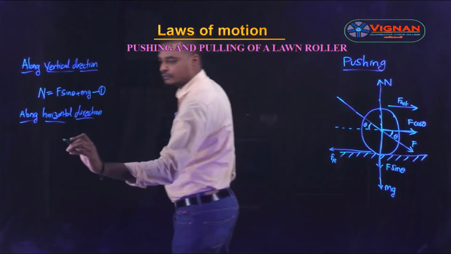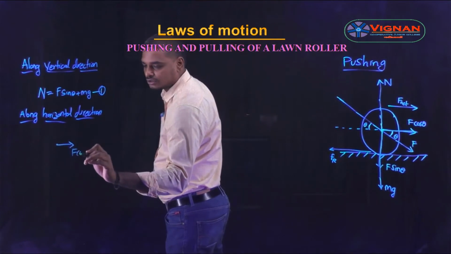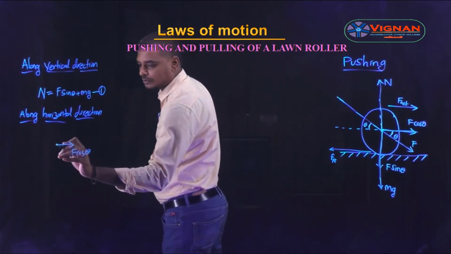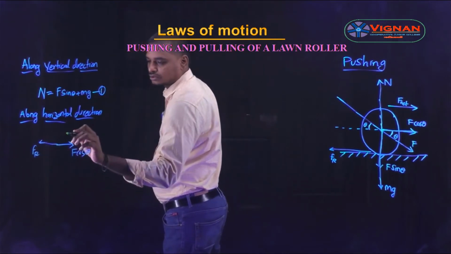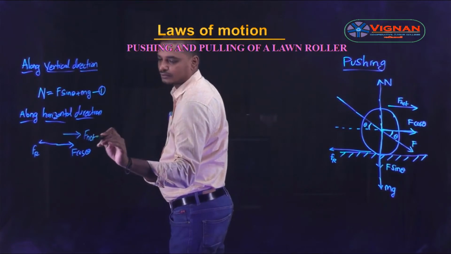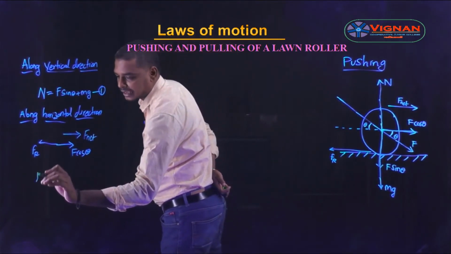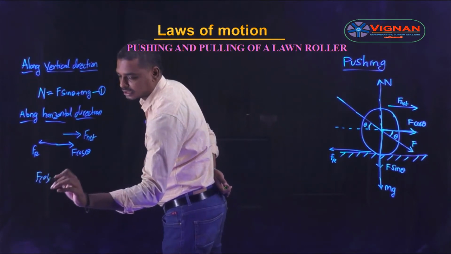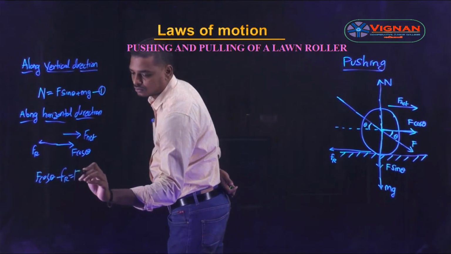So if you draw the free body diagram, it will be like this. In this direction it is F cos theta, and in the opposite direction there is a frictional force Fr. So there is a net resultant force acting on the body, F net. Right. So from this the equation can be written as F cos theta minus Fr is equal to F net.